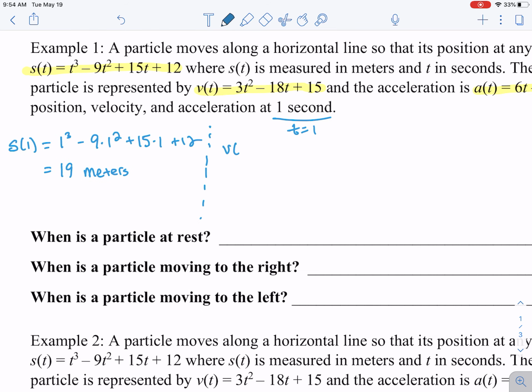The velocity at 1 is when we plug in a 1. So if we go ahead and plug in a 1 and figure this out, we're actually going to get a 0. So this is going to be 0 meters per second.